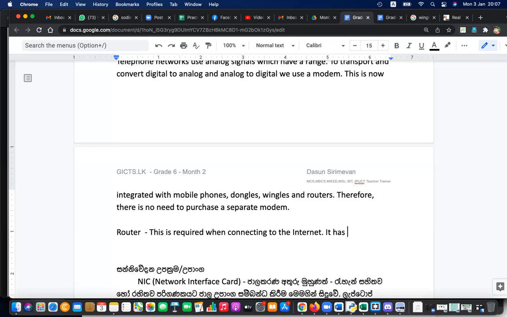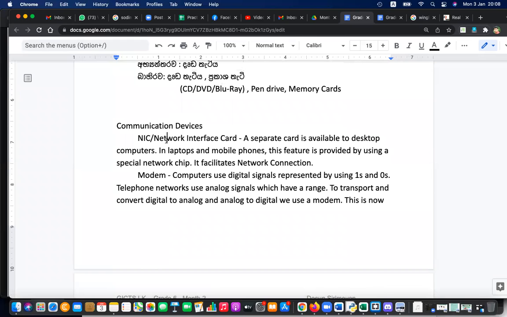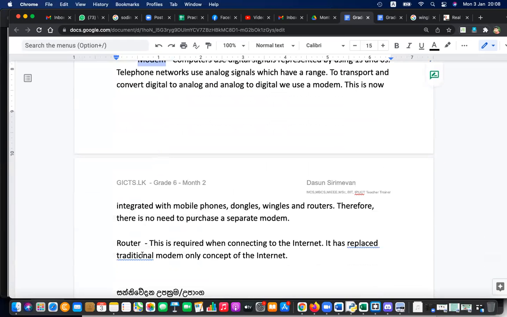It has replaced the traditional modem, only for the concept of the internet. The previous device, as I said, NIC is for network, but modem is for internet, and router is also for internet. Actually, router has replaced the modem.